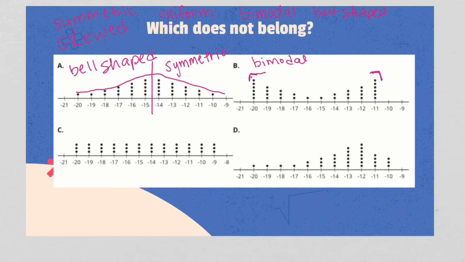So we have the -20 and the -11. Those are 2 big common data values. Then this one is also symmetrical because I can draw a line right here and it looks like I put a mirror in between it because it's got the same picture on both sides. The same set of data or similar. So this is also symmetric.